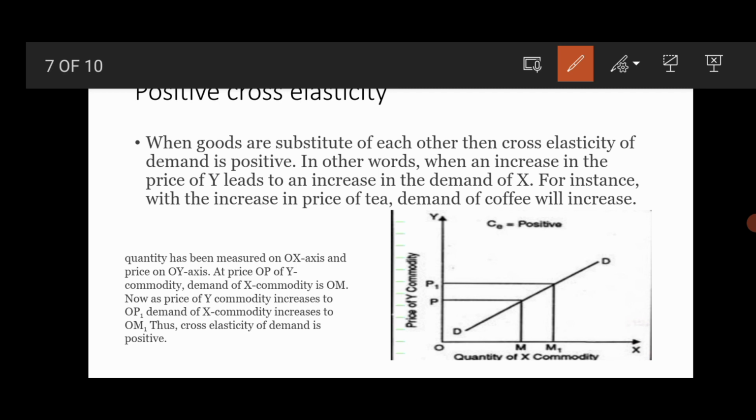You can see here in the diagram, OX axis represents quantity of X commodity and OY axis represents price of Y commodity, and here OP is the initial price and OM is the initial quantity demanded. So OP1 is the increase in the price of Y commodity, and you can see that OM1 is the increase in the quantity demanded of X commodity.